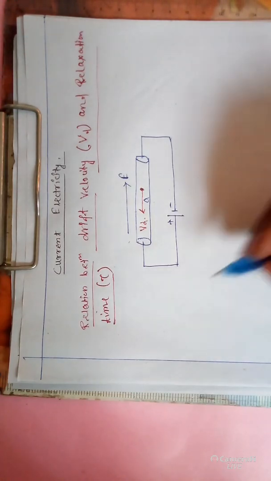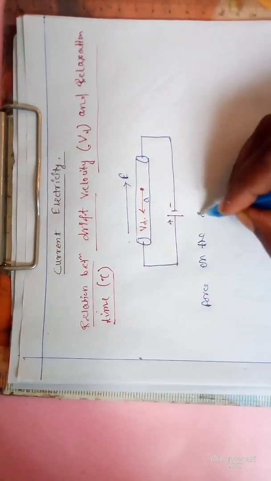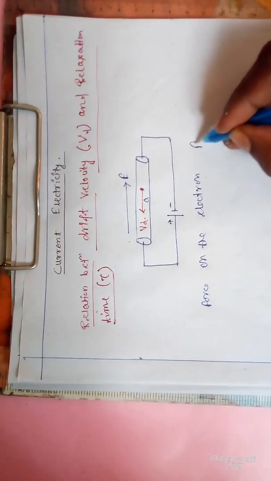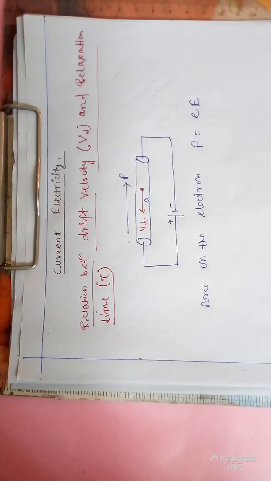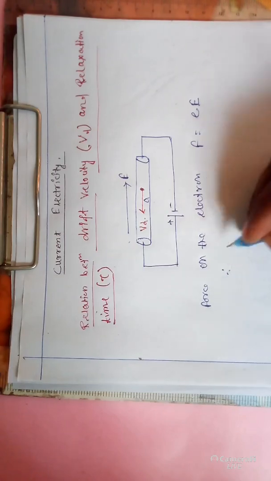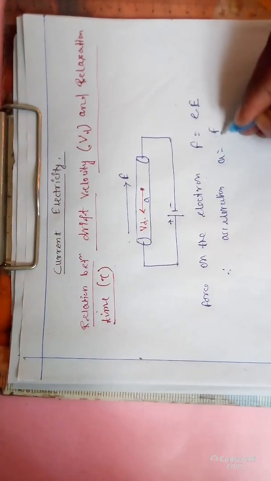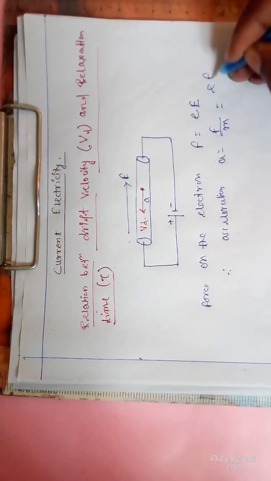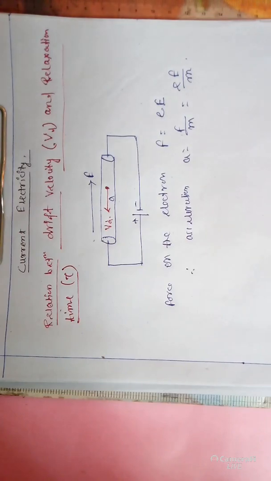So the force on the electron: F is equal to small e into capital E. Small e is the charge of the electron and capital E is the electric field. Now what will be the acceleration? Therefore acceleration a is equal to F by m, that is small e capital E by m. You can take a minus sign, no problem, but as the magnitude is required, you can write eE by m.